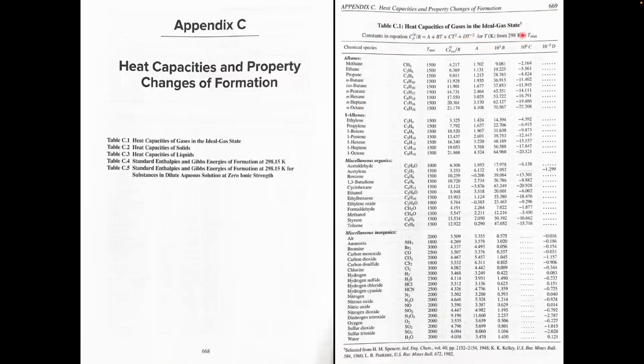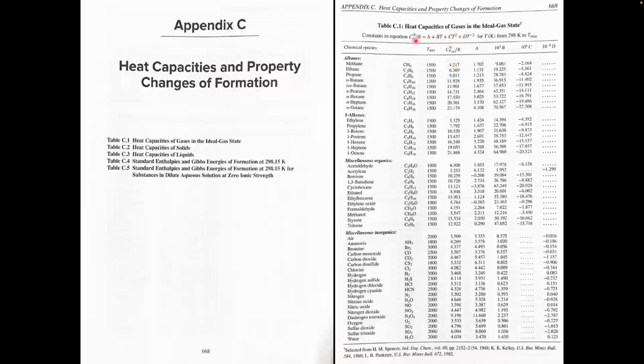For the temperature range above 298 K, you can use this equation. And all these are just different A and B values tabulated for different gases. These values were already measured by previous researchers, and they tabulated them for you so that you don't have to redo the measurement. So these are experimentally measured properties for your Cp.